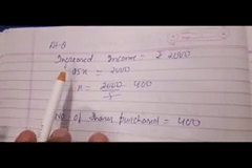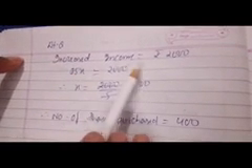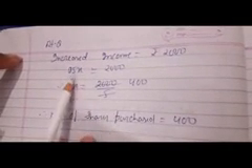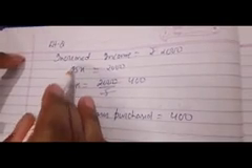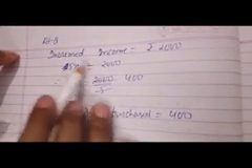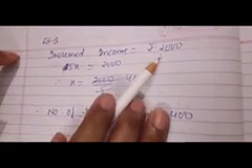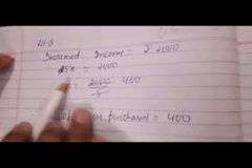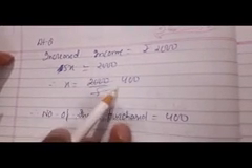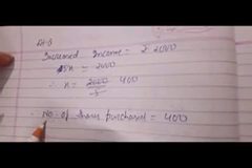While it is given that the increased income is 2000, we just calculated that the increased income is 5x. So we equate it to get the value of x. 2000 divided by 5 equals 400. It means x is equal to 400.